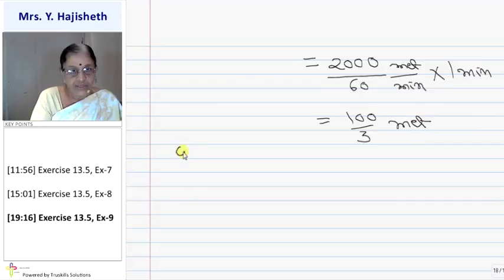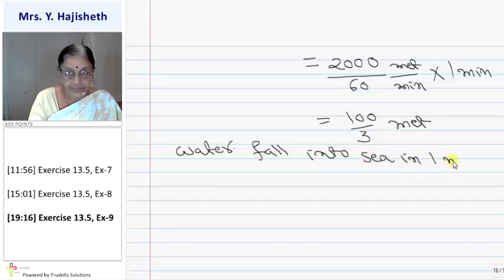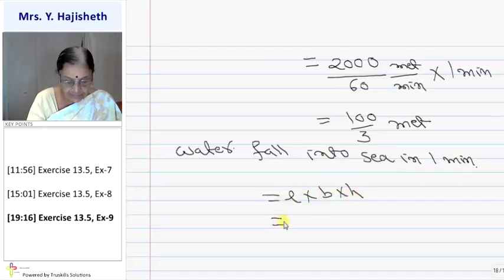So water fall in a sea is nothing but the volume of the water fall into sea in 1 minute is L into B into H. That is total volume of that, right? So 3 into 40 into 100 by 3. 3 गया.